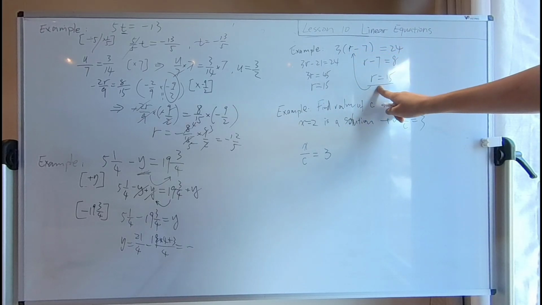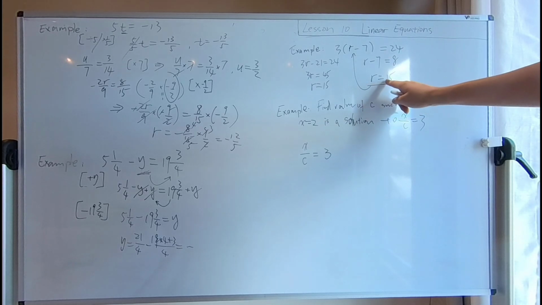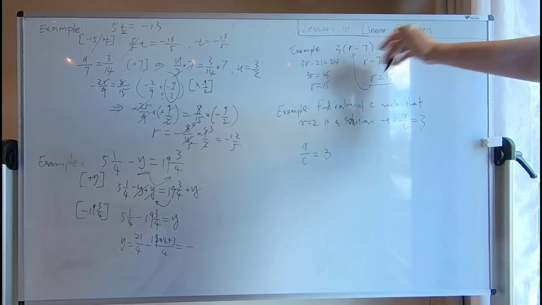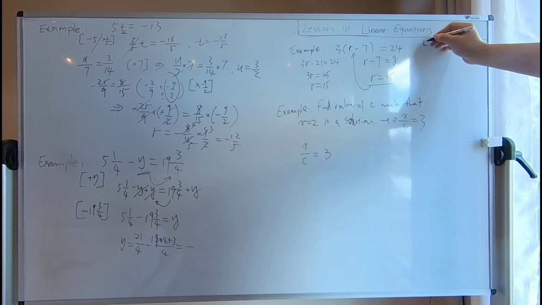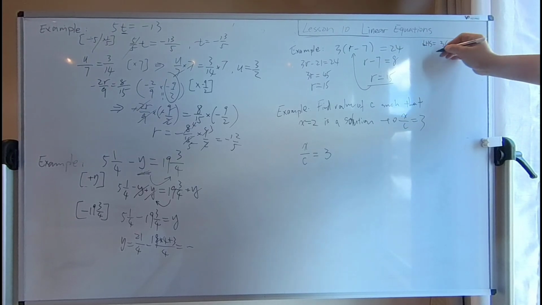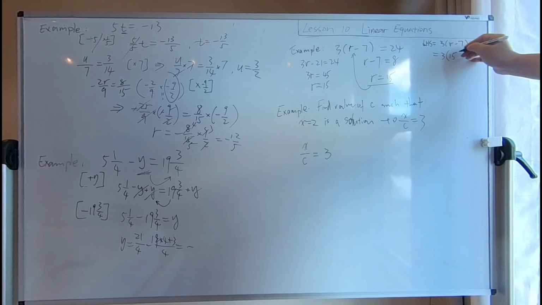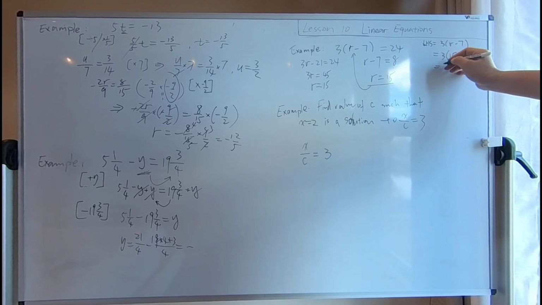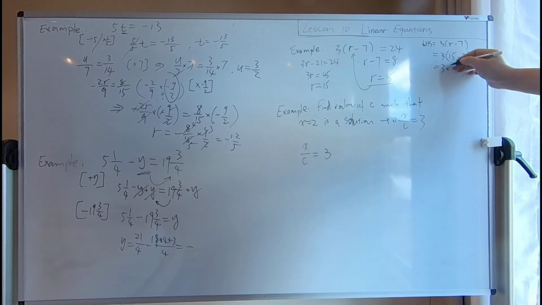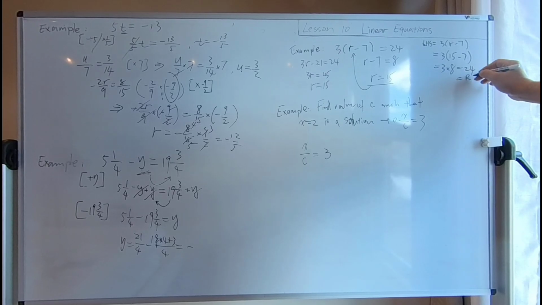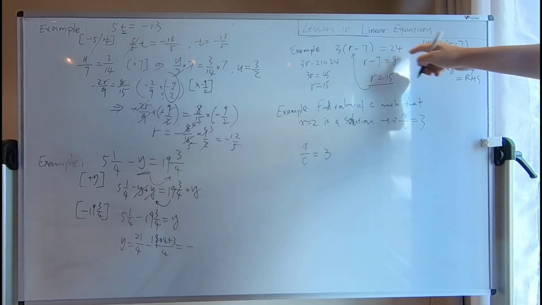For example, I claim that I found a solution where r equals 15. So if I plug in, the left-hand side is 3(r minus 7), where r can be substituted by 15, so I get 3 times (15 minus 7), which is 3 times 8, which is 24, and this equals the right-hand side, which is 24.